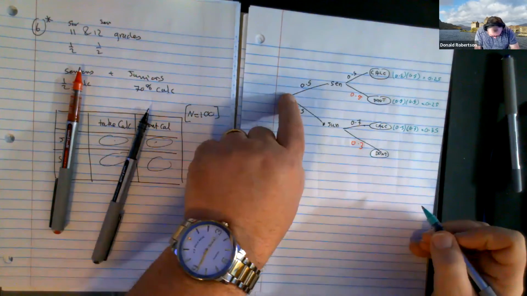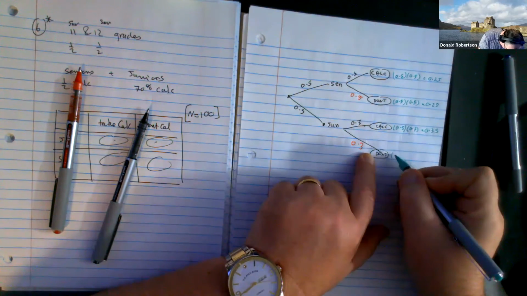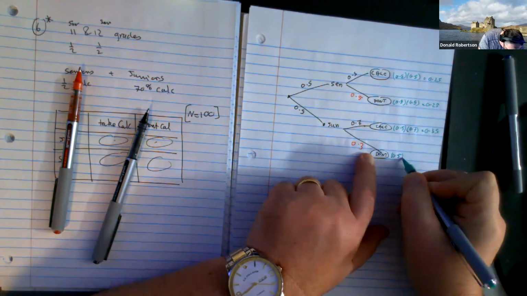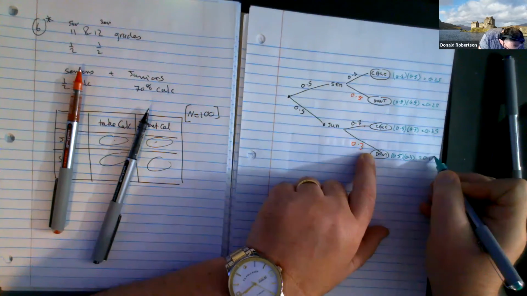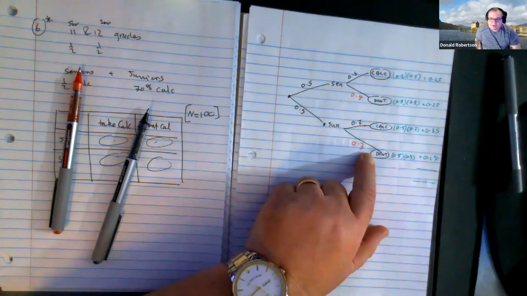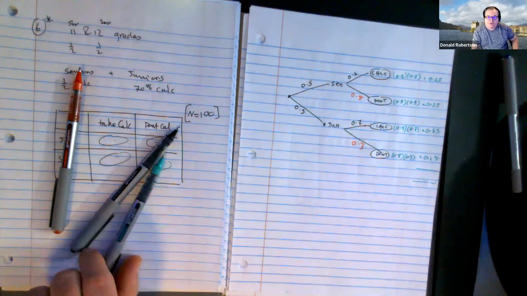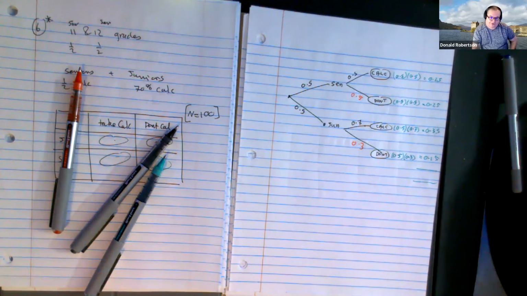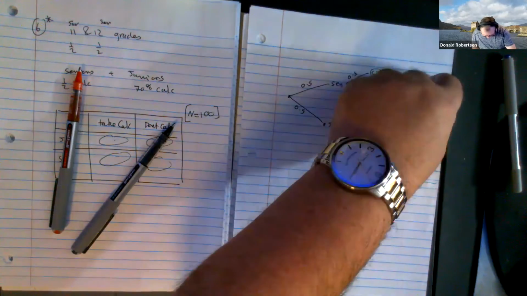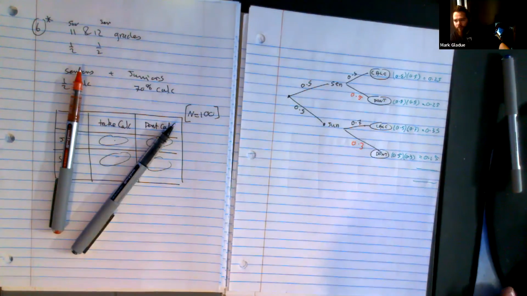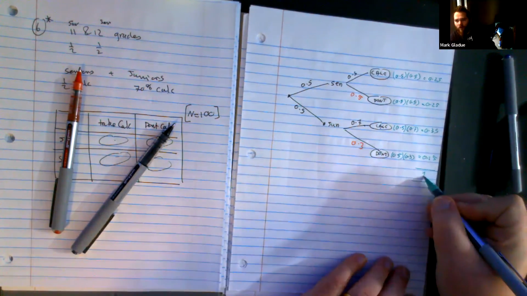And then if you do 0.5 times 0.3, the last one on the list, you get 0.15. If I did this correctly, what should those 4 answers add up to every single time? They should add up to 1.